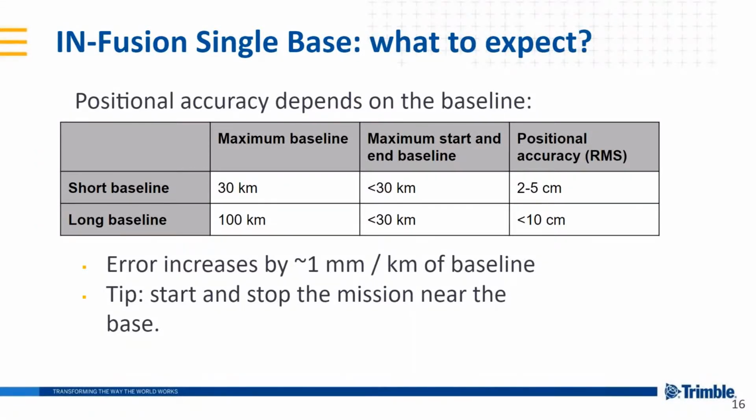Note that for short baseline, you should start the mission within 30 kilometers and don't go further than 30 kilometers from the base. And for the long baseline, you should start and stop your mission within 30 kilometers and don't go further than 100 kilometers from the base. This means you should try to start and stop your mission close to the base station.